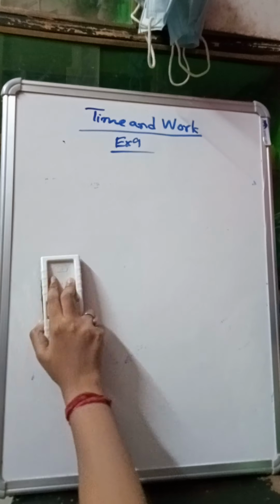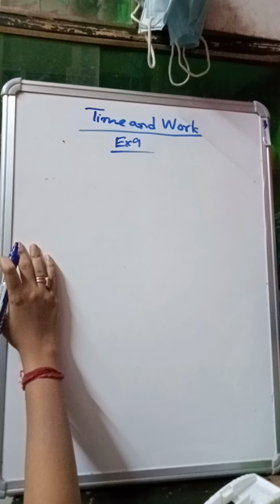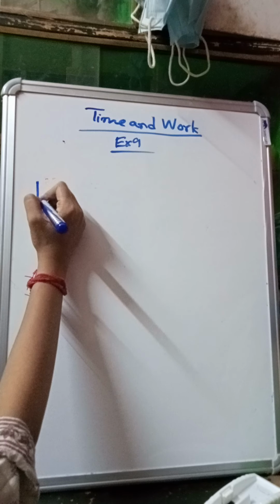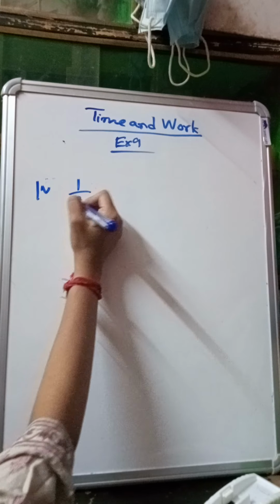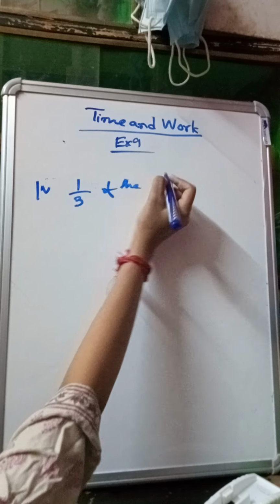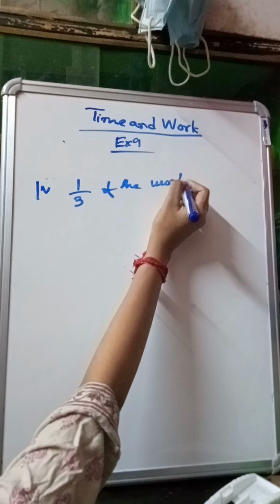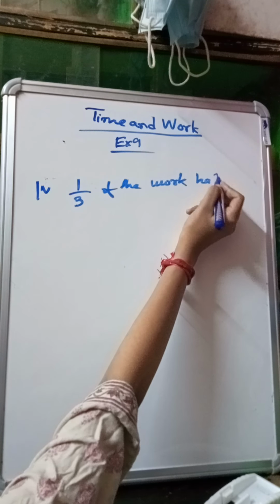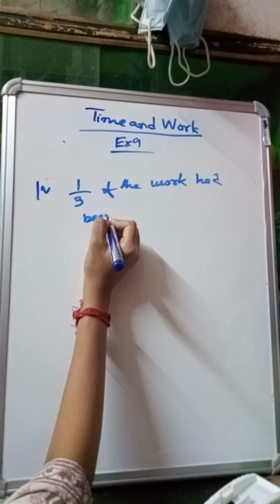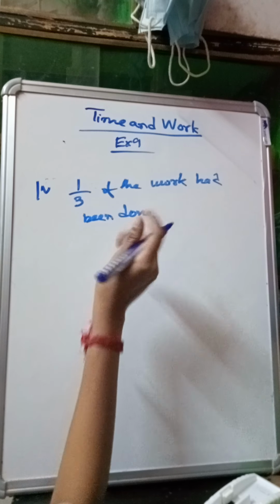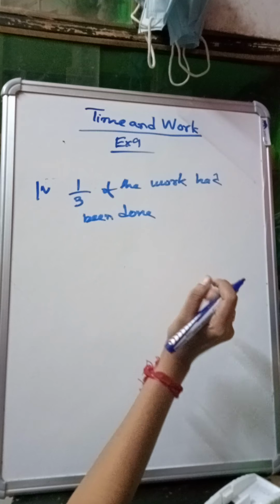So usually we consider the whole work as one. Okay, the whole part of the work as one. So it has been said that 1/3 of the work had been done, and we consider the total work as 1.